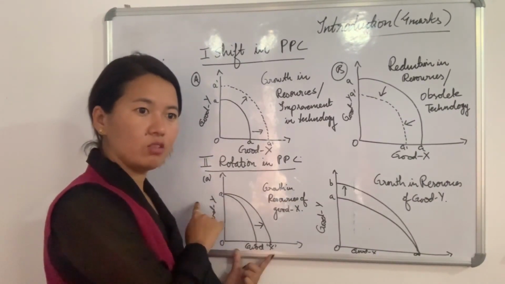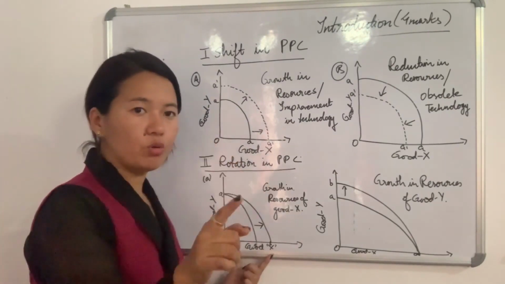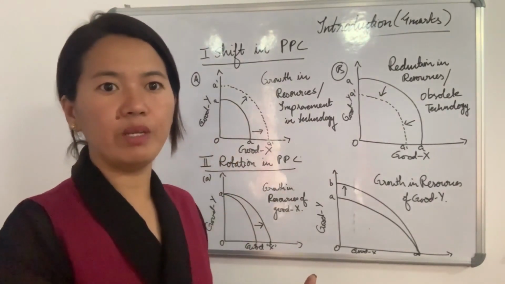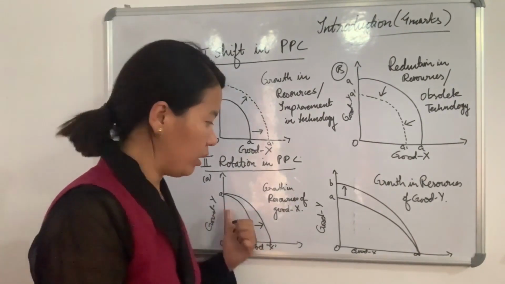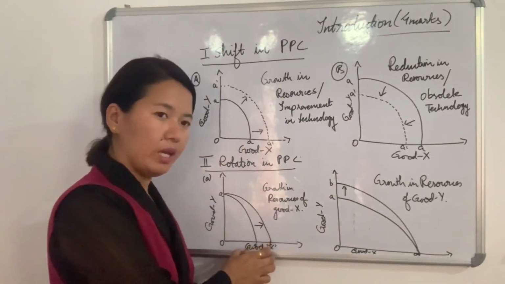The resources and technology of good Y remain the same. There is no growth in resources and no improvement in technology of good Y. That's why the PPC rotates outward on good X.